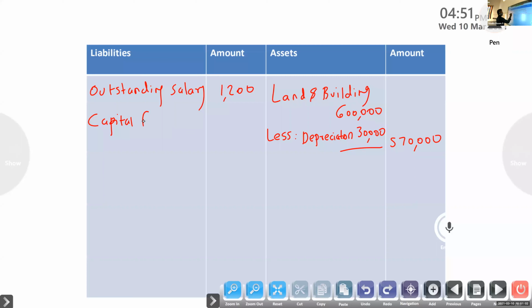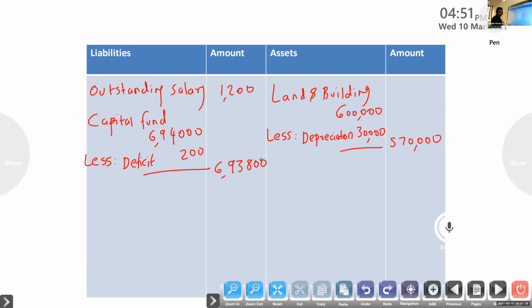Capital fund 6,94,000. Here deficit, less deficit 200. 6,93,800.